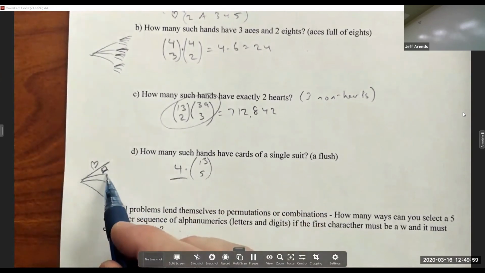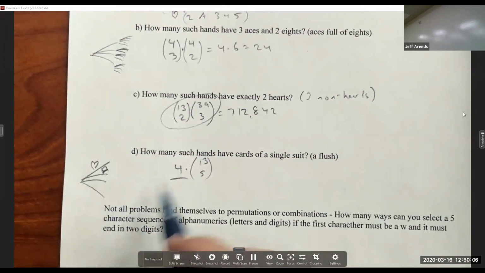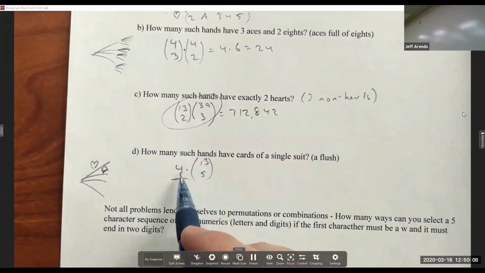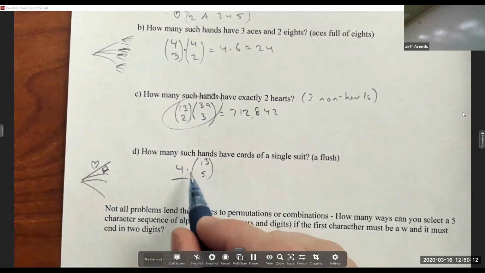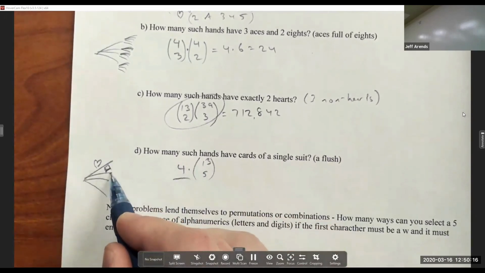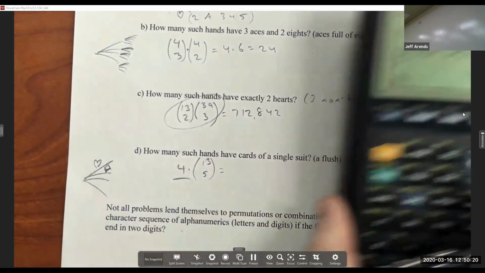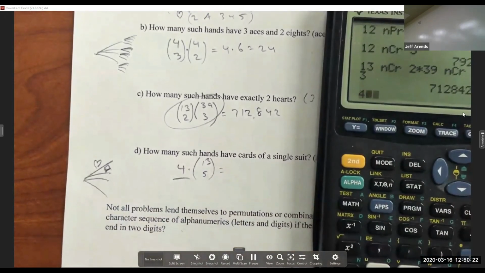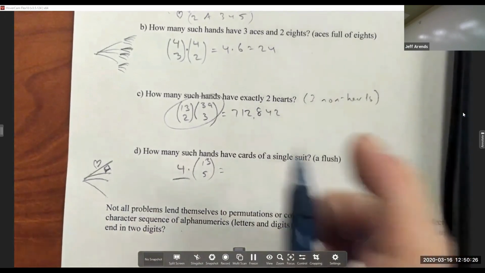The same thing can be said for the number of hands that have all diamonds, all clubs, or all spades. Those would all be 13 choose 5. So I'm okay just saying 4 times 13 choose 5. Really, I'm using the multiplication principle here. But I could have said 13 choose 5 plus 13 choose 5 plus 13 choose 5 plus 13 choose 5. So we get 4 times 13 choose 5, which gives us 5148.